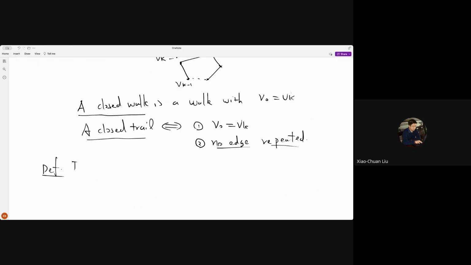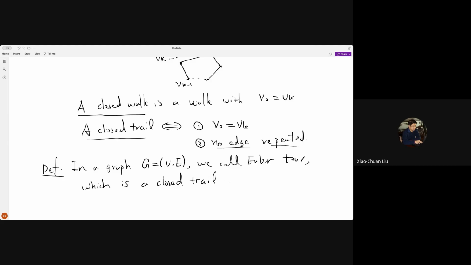So in a graph G equals (V, E), we call an Euler tour a closed trail which covers all edges.